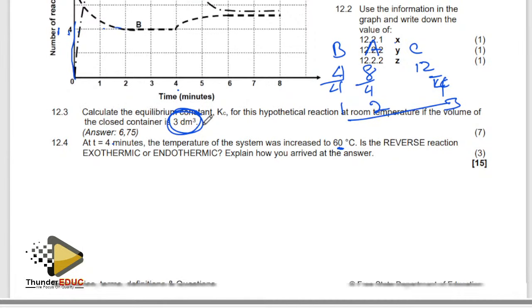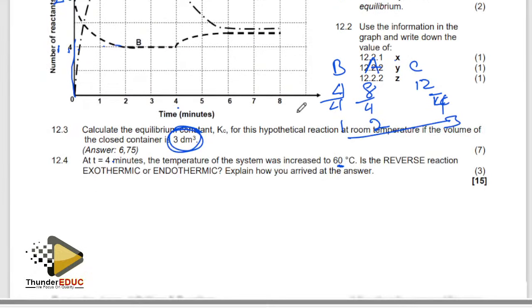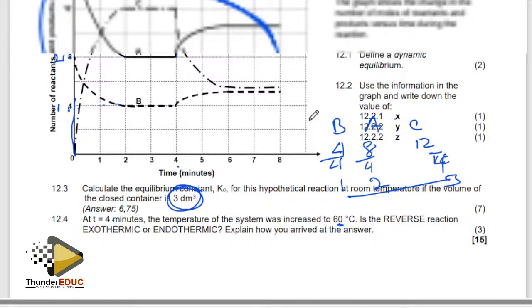Then from there, they're saying to calculate the Kc at room temperature when the volume is this. Now this one is simple. Why? Use the RICE method again. RICE method.